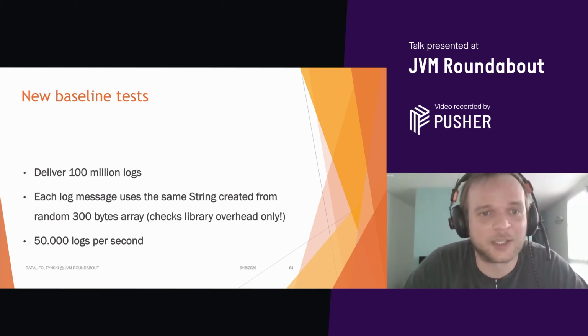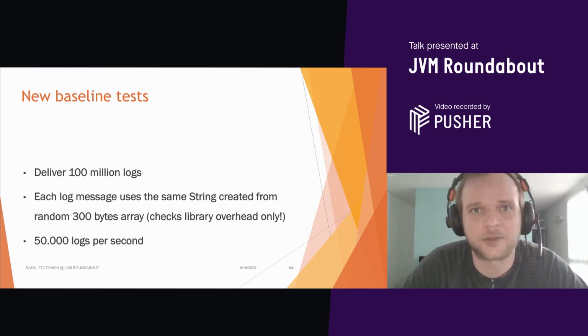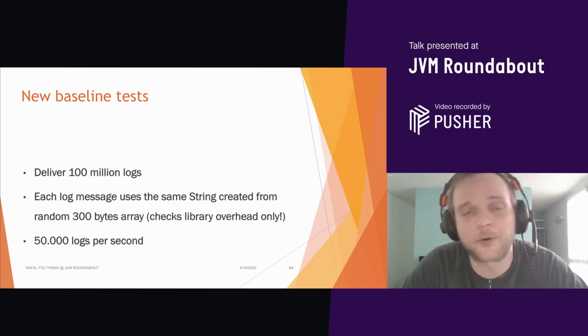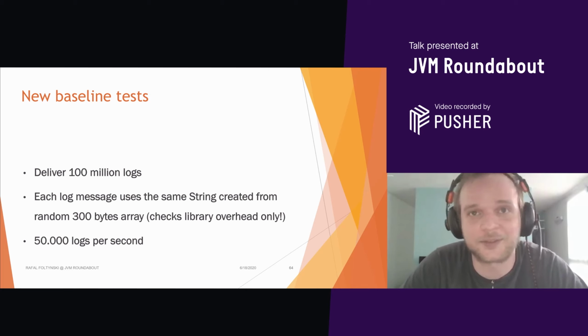Same rule applies. Single string, just to indicate the framework overhead. This time delivering 50,000 logs per second, because why not? It turns out that Elasticsearch cannot handle it, so I had to write my own fork that just doesn't store these logs, because that was kicking the system CPU through the roof.